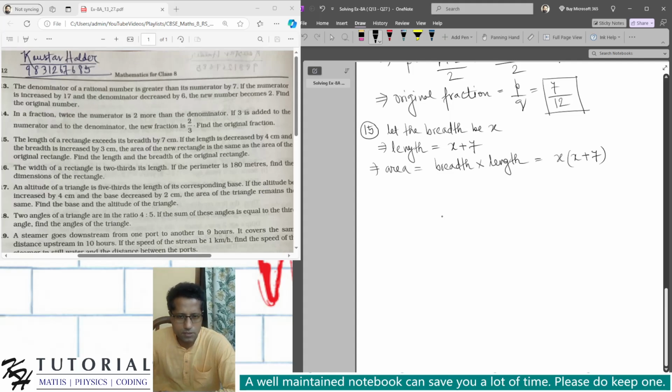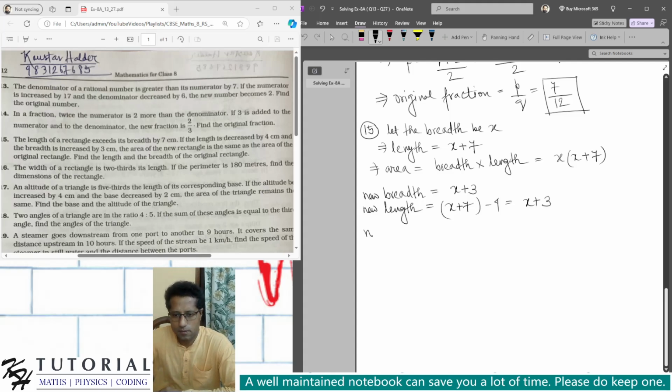Now if the length is decreased by 4 centimeter and the breadth is increased by 3 centimeter, the area of the new rectangle is the same as the area of the original. Okay, so new breadth is equal to breadth has been increased by 3, so new breadth is x plus 3, and new length is equal to length has been decreased by 4, so original length was x plus 7, and from that 4 has been decreased, so this becomes x plus 3.